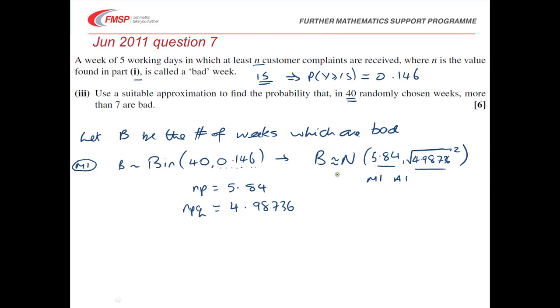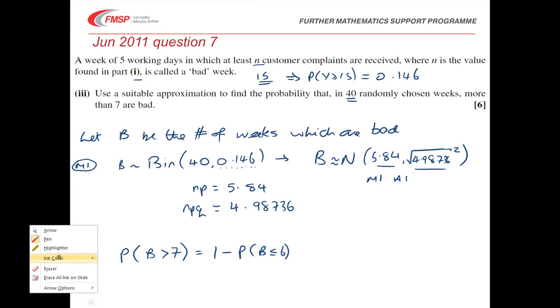And what we want is to find the probability that more than 7 are bad. So B is greater than 7. Now to do this, personally, I prefer to turn everything around. So this is 1 minus the probability that B is less than or equal to 7.